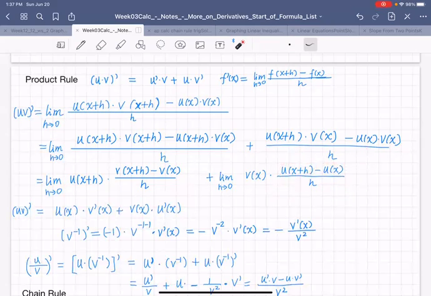Correct. Now look at here. When h approaches 0, u of x plus h is going to be the same as u of x. When h approaches 0, who is this guy? Aiden, who is this guy?